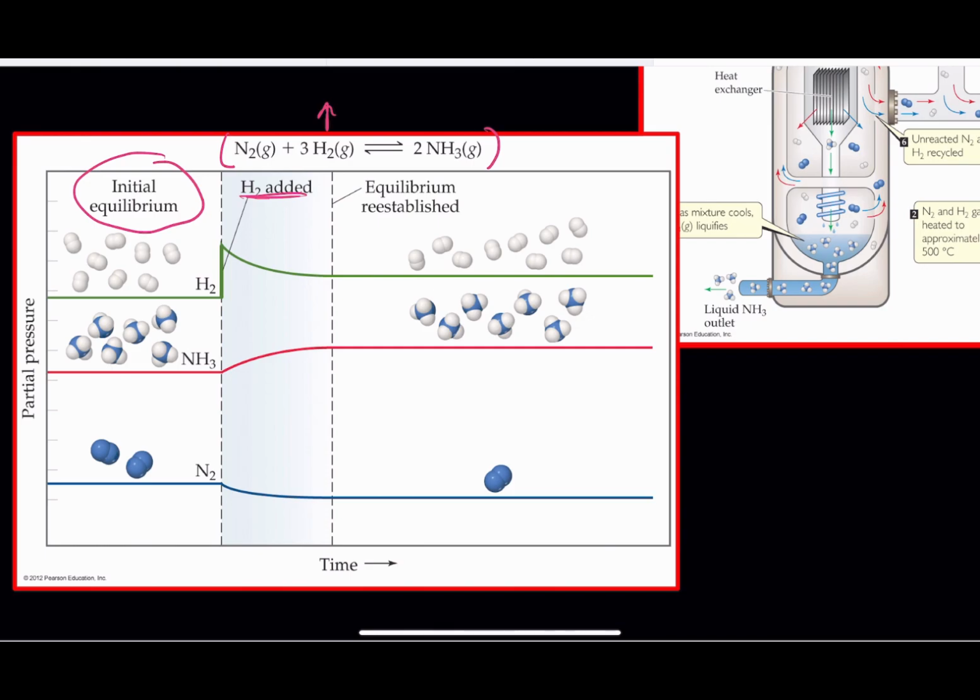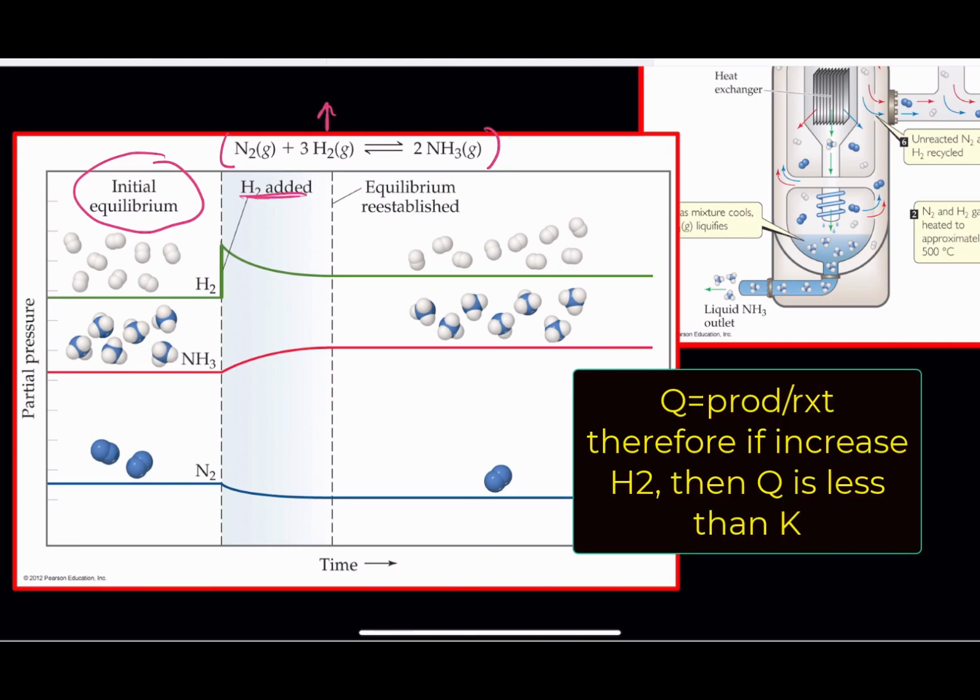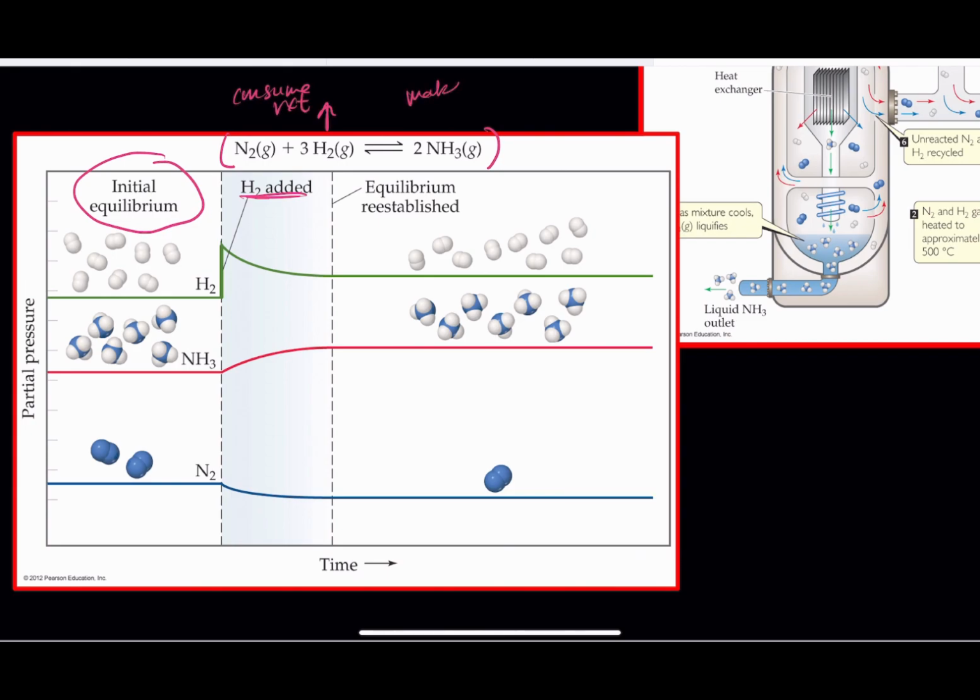The system is going to course correct and head back towards K, which means it's going to consume reactant and make product. That's what it's got to do in order to go back towards K.